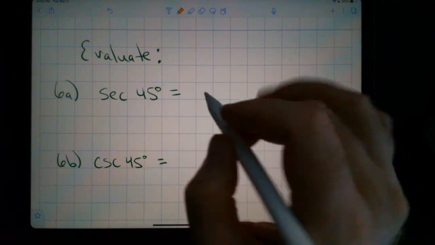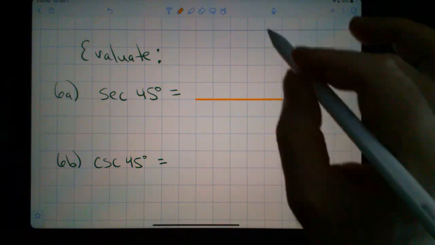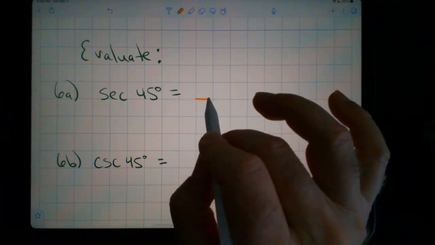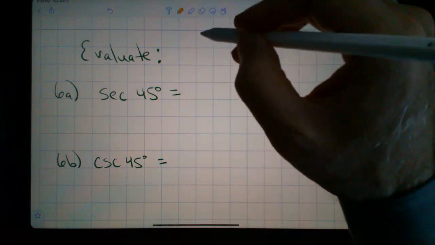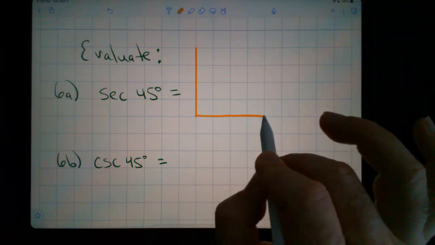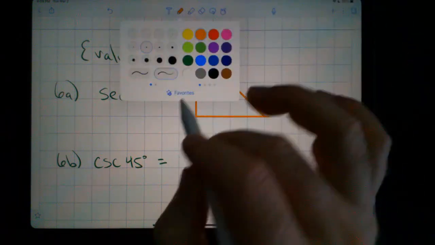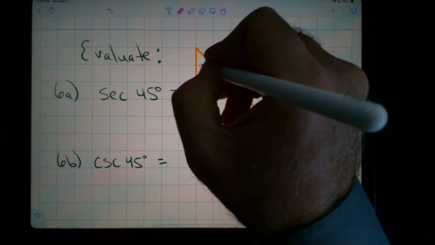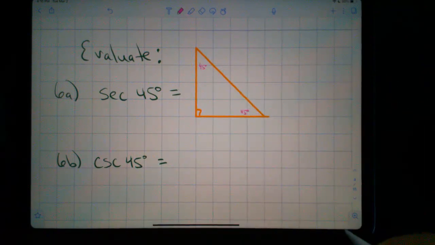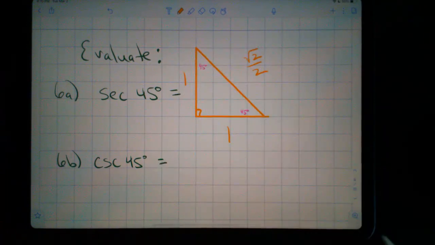It's a 45, 45, 90 triangle. In a 45, 45, 90 triangle, we're going to have side lengths of radical 2 over 2, 1, and 1.